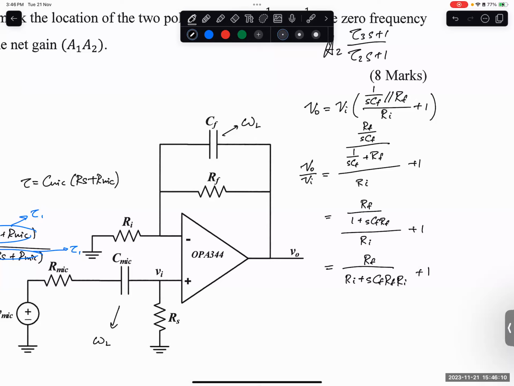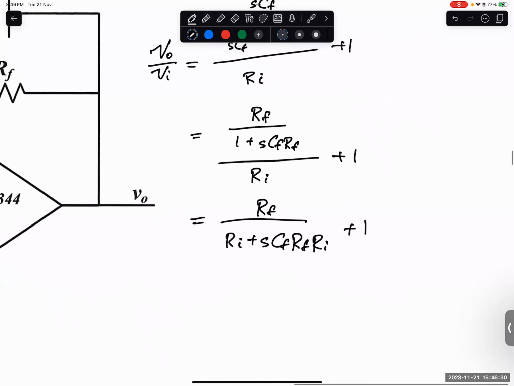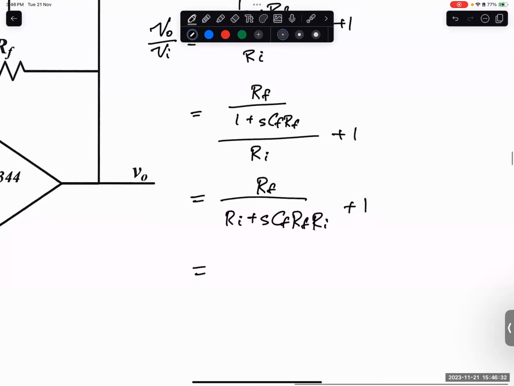Short circuit. Zero. Okay. Plus 1 is just what? 1 plus SCFR.